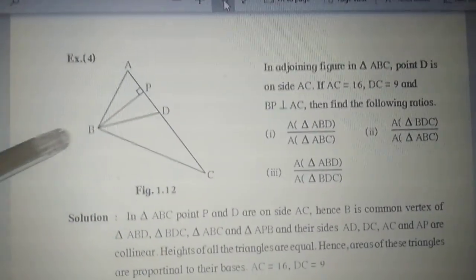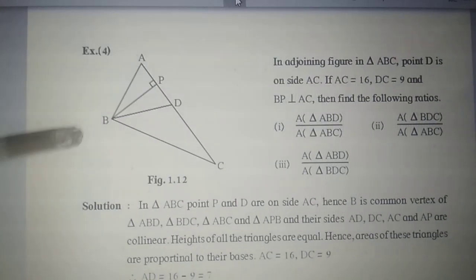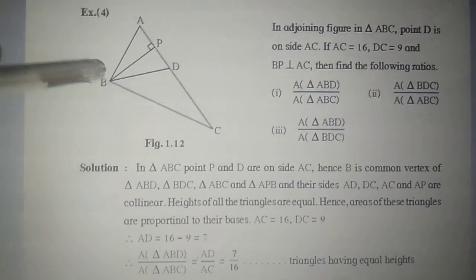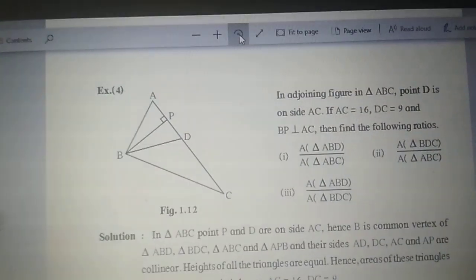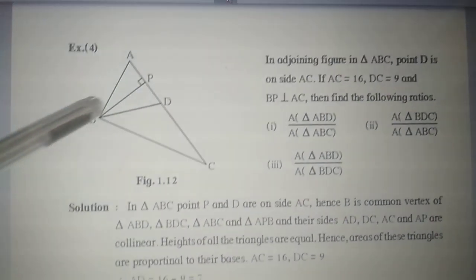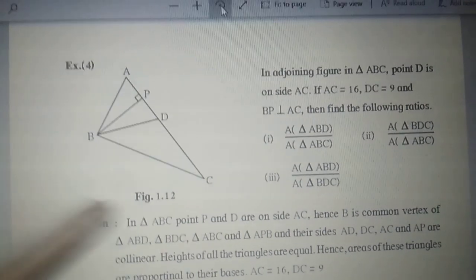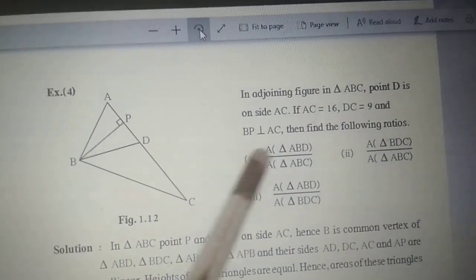Therefore AC is the base, BP is the height of triangle ABC, as well as triangle ABD, as well as triangle BCP. Now these three triangles have the common height BP with common vertex B. Now we want to find area of triangle ABD.